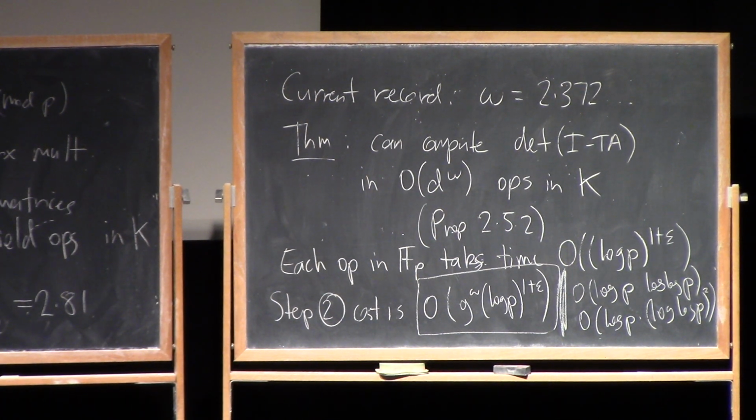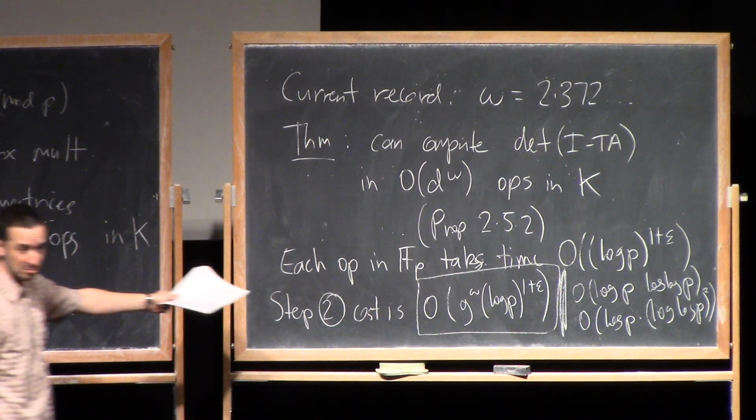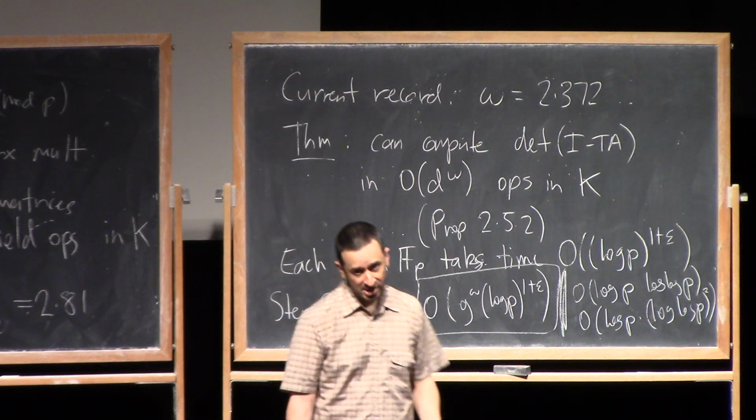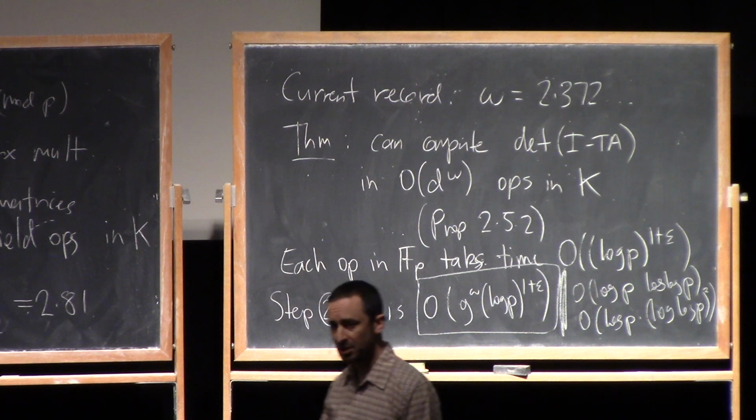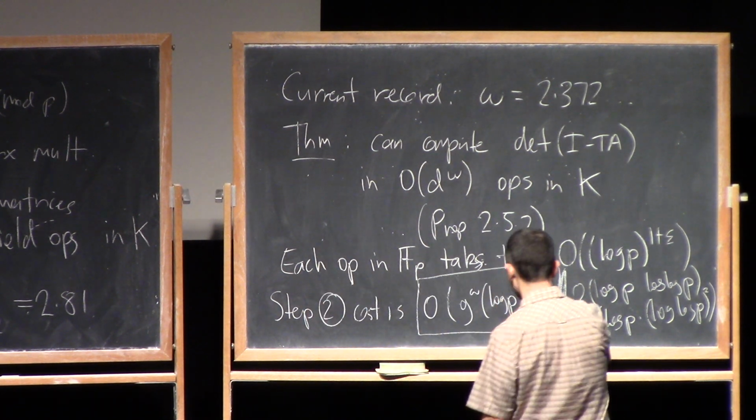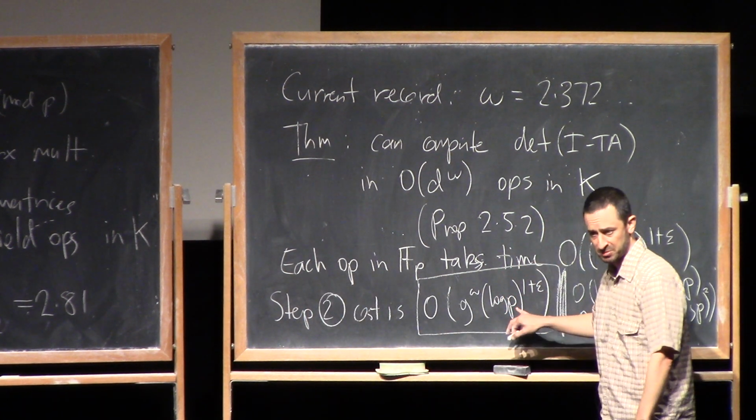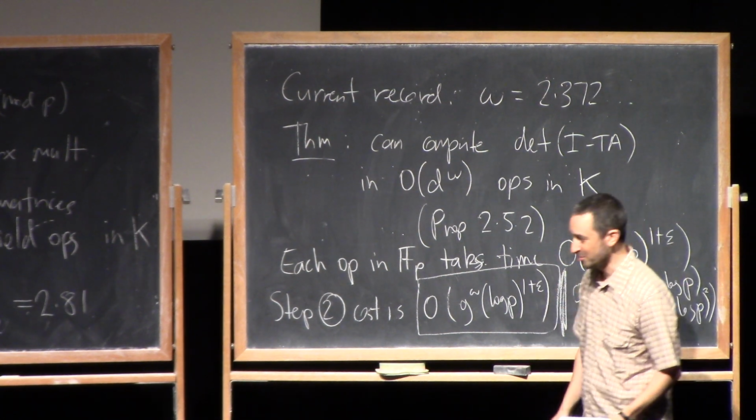But certainly if p is much larger than g, which is the case I mainly care about, then we're going to spend all our time in this step here computing this big power of f. It's not that surprising. And we'll spend almost no time doing the characteristic polynomial. But if you did try to apply this algorithm when p is very small, if p is 3, for example, to a large genus curve over F_3, then you would actually spend a lot of your time in this characteristic polynomial step. Okay, but I don't really care about that regime very much.